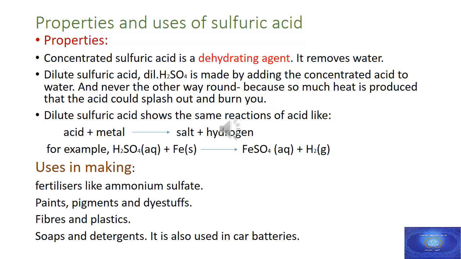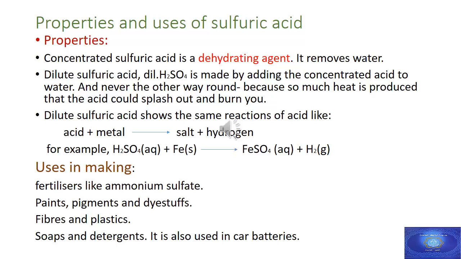And dilute sulfuric acid is made by adding the concentrated acid to water. So how is dilute sulfuric acid made? By adding concentrated acid to the water. Please be clear that never add water to acid.